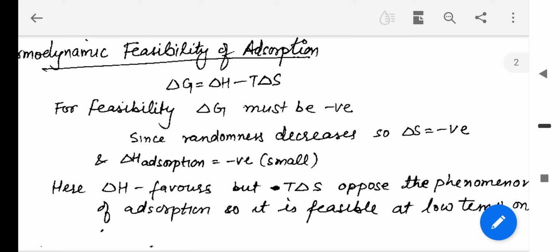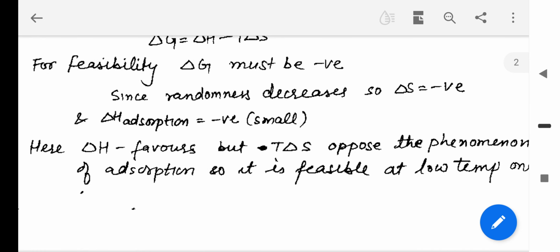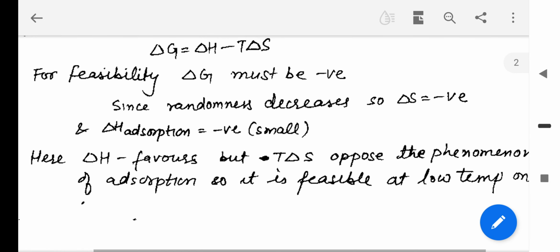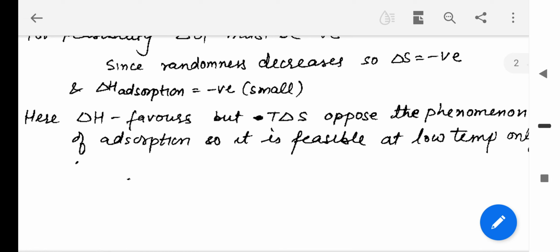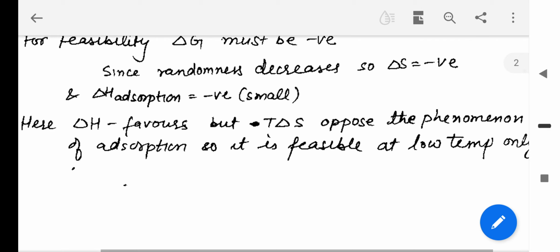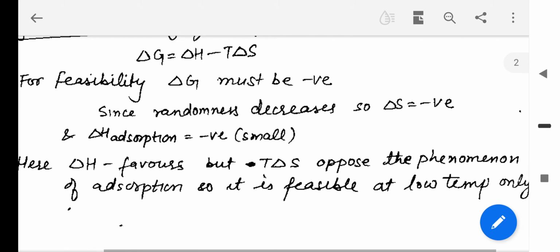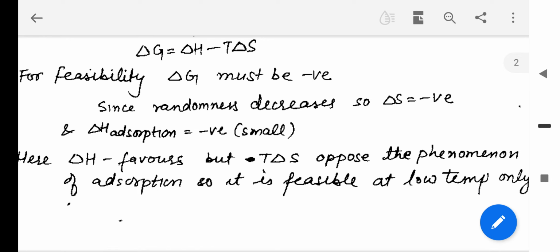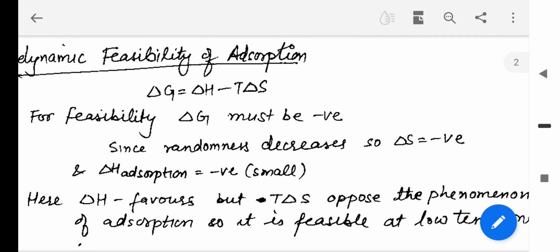Here in the notes it is written: delta H favors the adsorption, but T delta S opposes the process of adsorption. So it is feasible at low temperature only. I hope you are getting why delta H favors it, because its sign is negative. If delta H is more negative, then the sign of delta G will be negative.